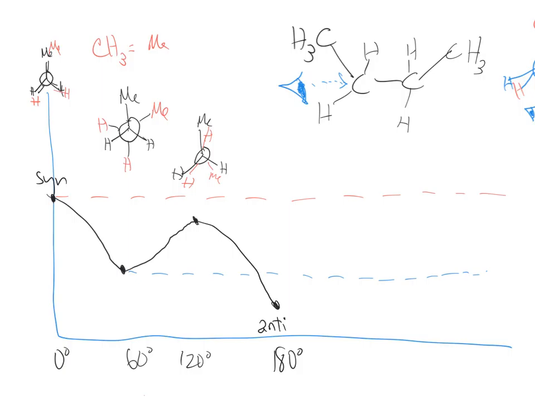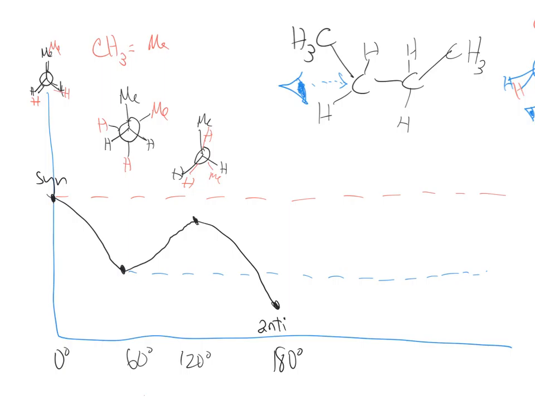So now, this was 0. This is 180. If we go to 240, are we now eclipsed or staggered? It's eclipsed. So is it going to go higher in energy than anti or lower in energy? Higher.